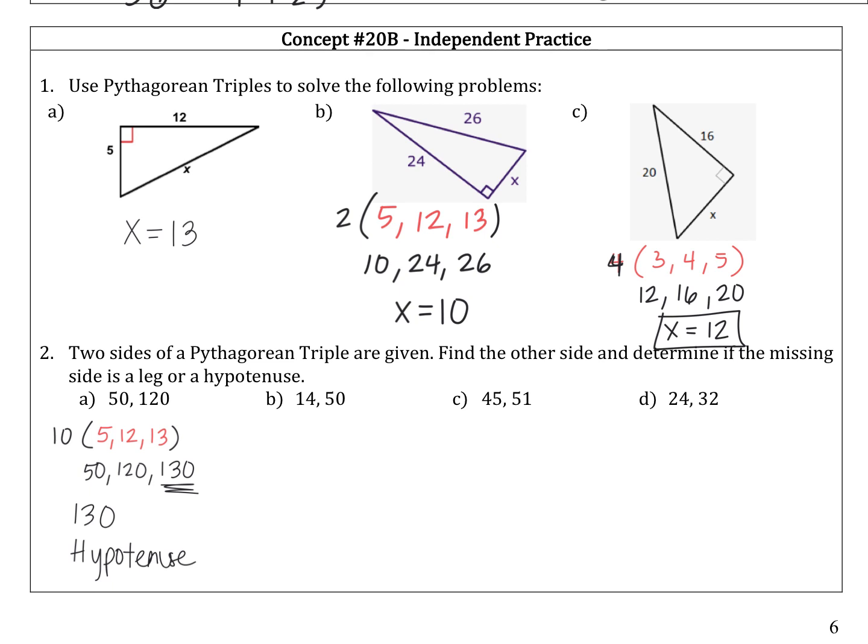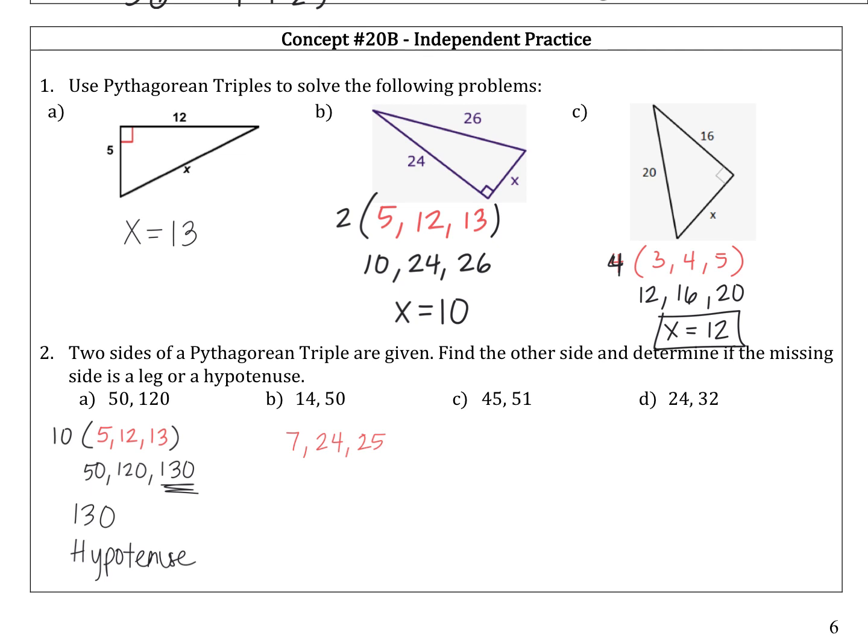Okay, another tricky one, 14 and 50. Flip to the previous page. See if you can figure out which of those four basic ones it is a multiple of. Okay, if I have 14 and 50, it's a multiple of which triple? 7, 24, and 25. You're going to hear me singing a lot. Get excited. Okay.